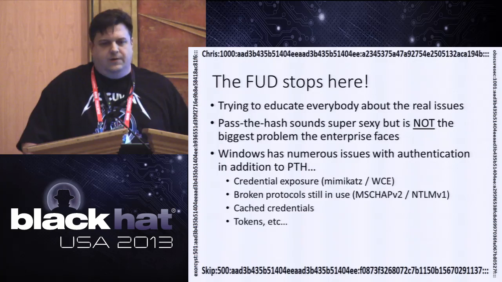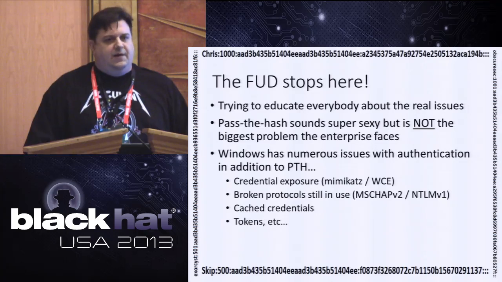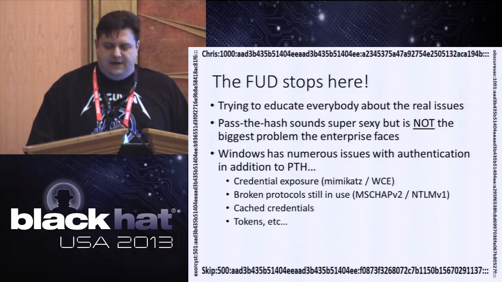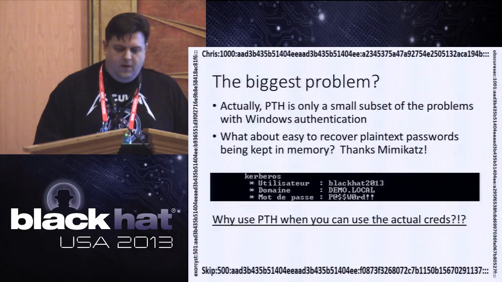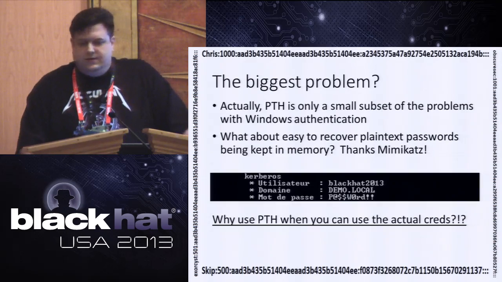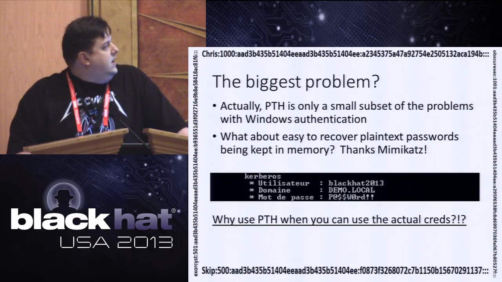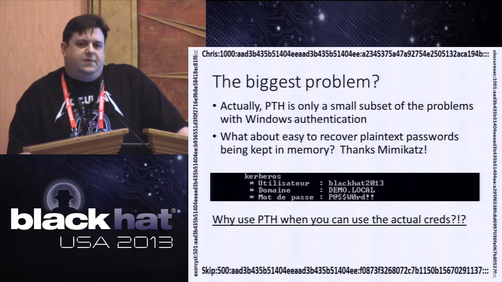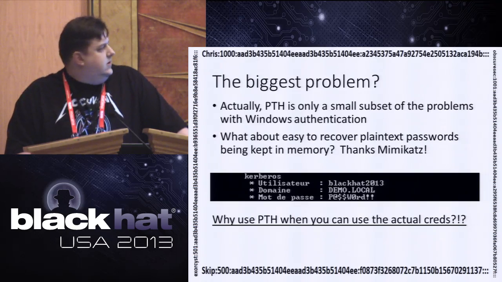Cast credentials, tokens, there's just a lot of stuff that's out there that can be used to gain access to a Windows box. Like I mentioned earlier, pass the hash is only a small subset of the problems that are there in Windows authentication.